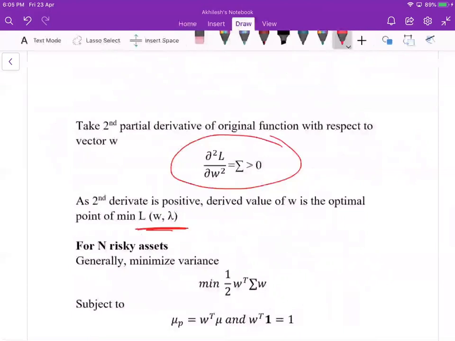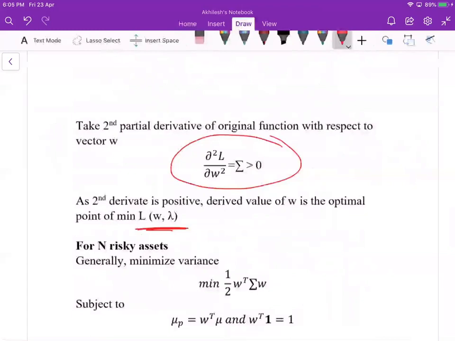Okay, so we have two equations given, this one, and we have to minimize the variance. This is the one which we did just before, but here we are not considering a risk free asset. Okay, thus we are taking the general case. So here we have two conditions, this one and this one, and take it in this format.